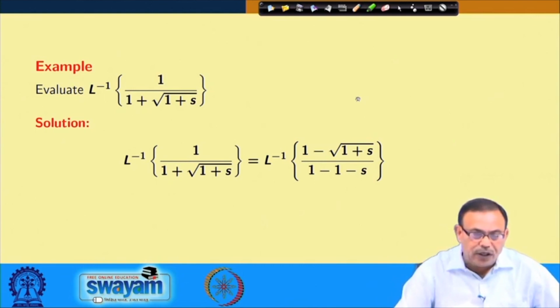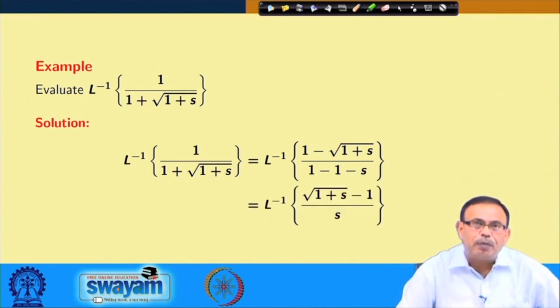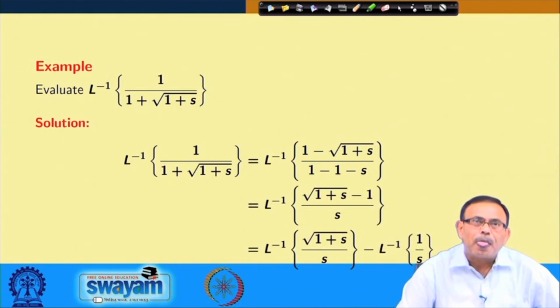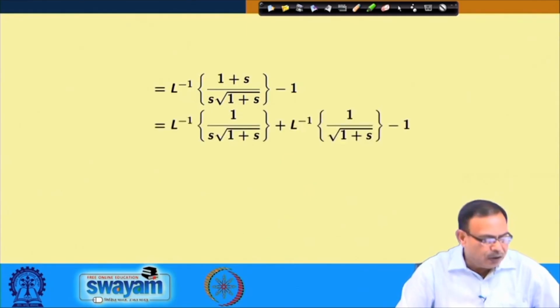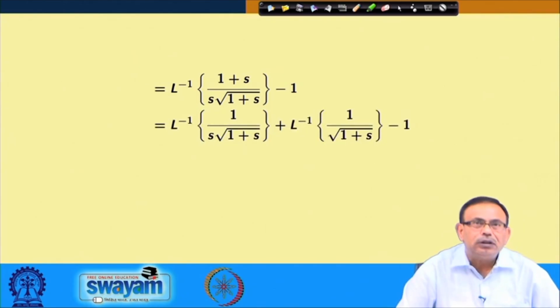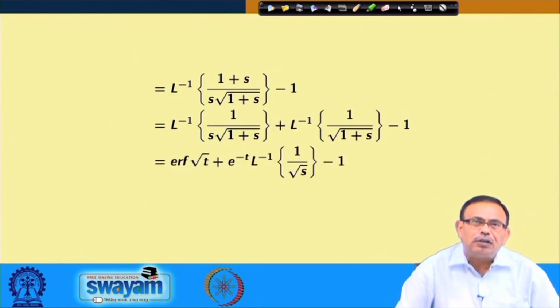So, from here you are obtaining this; we have done this thing. Then I am writing this as Laplace inverse of (1 plus s) by root over s into (1 plus s) minus 1. This I am breaking into Laplace inverse form, and from here the first function, 1 by s into root over 1 plus s, is nothing but the error function.